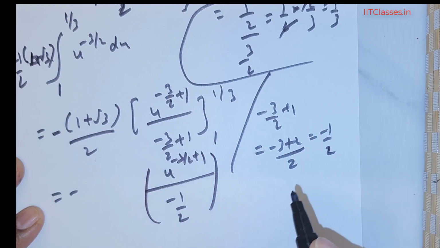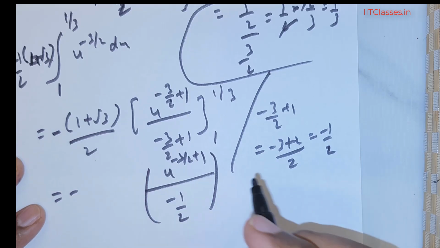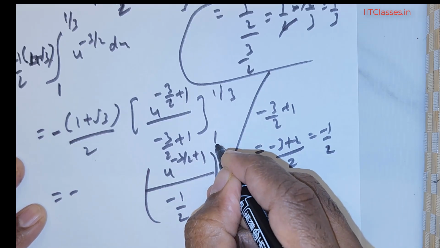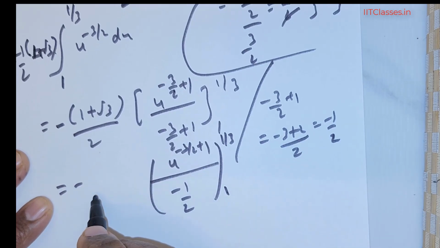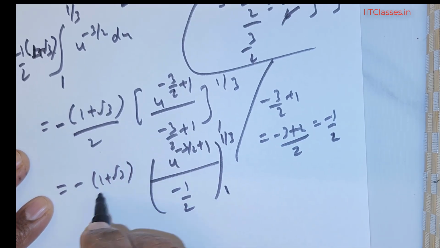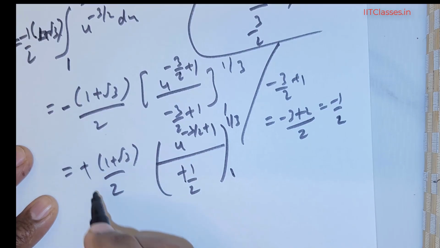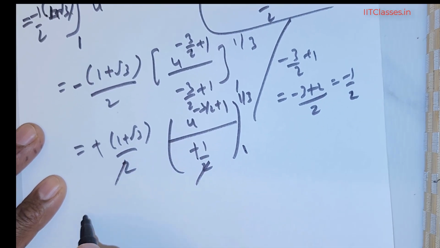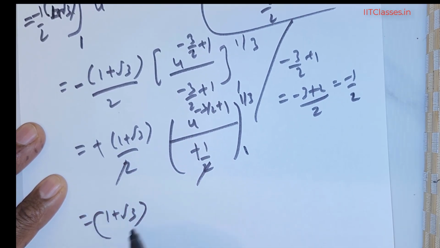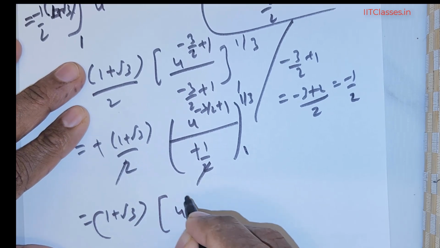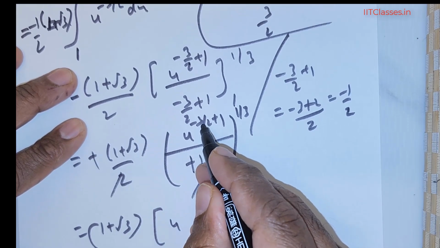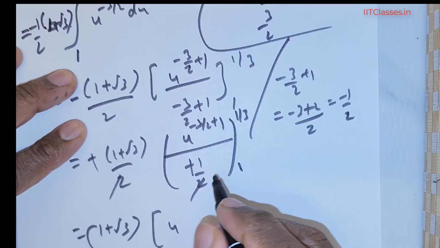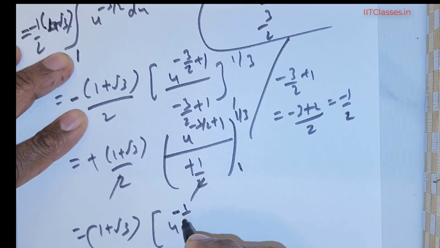We need to place in the limits, so it's 1 to 1 over 3. So (1 positive root of 3) divided by 2, this negative goes up, and in fact 2 and 2 can be cancelled, giving me 1 positive root of 3, and you have u raised to the power of negative 3 over 2 positive 1, which gives a negative 1 over 2.